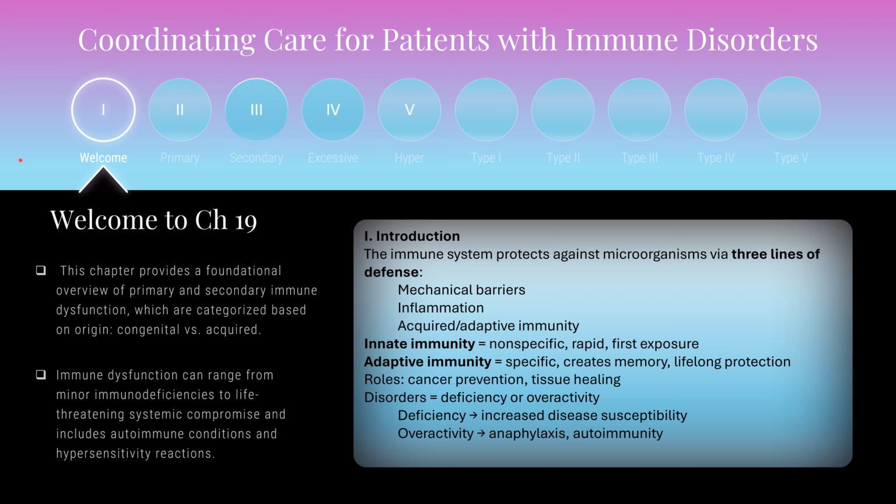Innate immunity is non-specific, rapid, first exposure. Adaptive immunity is specific, creates memory, and gives lifelong protection. Its roles are cancer protection and tissue healing. Disorders are deficiencies or overactivity. Deficiencies mean increased disease susceptibility. Overactivity means anaphylaxis and autoimmunity.